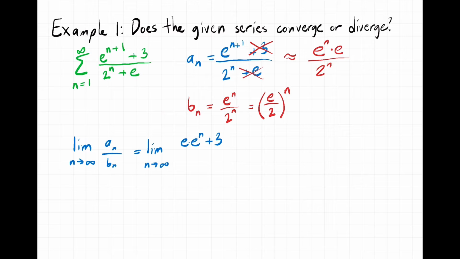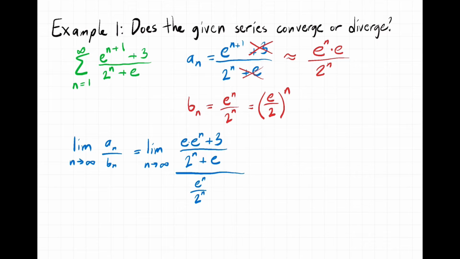We can't drop off the 3 there. We need to see what happens in the limit, divided by 2 to the n plus e. That's our a_n. Now we're going to divide by e to the n over 2 to the n.